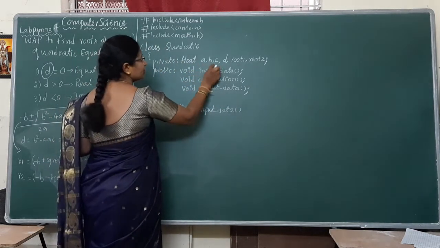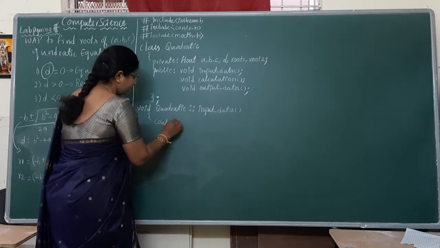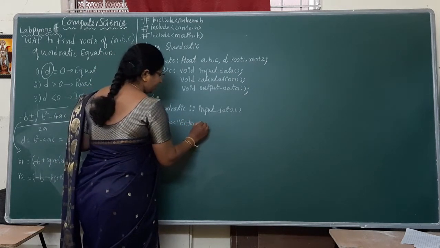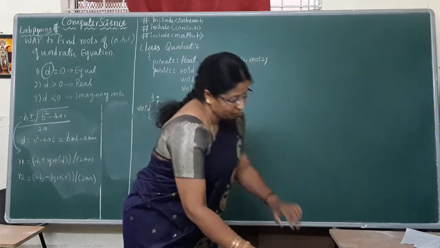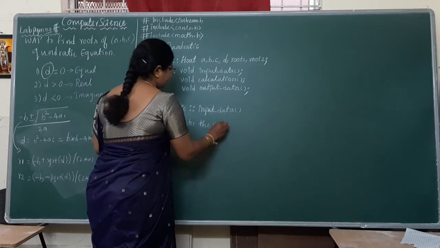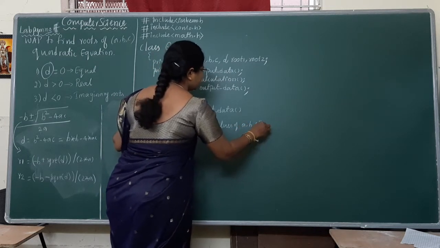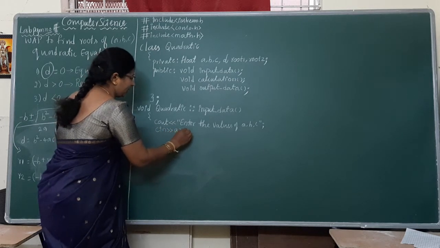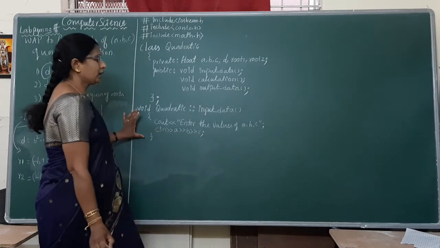These three coefficient values. Cout: enter the values of A, B, C. Three coefficients we need to enter here, that is, accept the values with the variables A, B, C. This is for your input data.